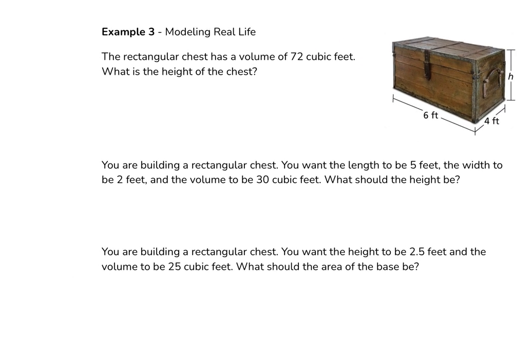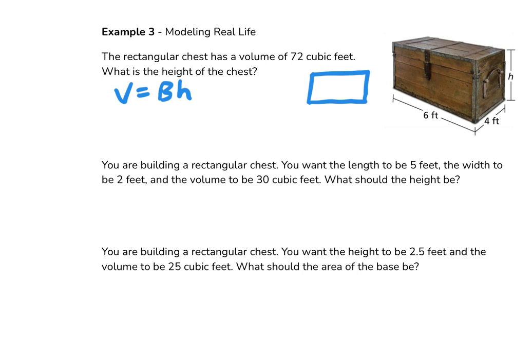Okay, here we have this rectangular box, this chest. And it gives me 2 out of the 3 dimensions. We don't know the height. Okay, so once again, we're going to use the same formula. Big B times H. In this case, big B is a rectangle.